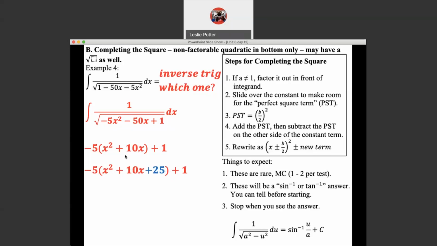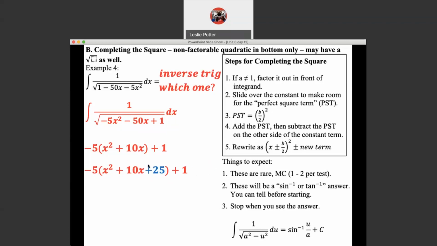Okay, so what did I do here? Well, in this term, all on the left here, I really added a -125. I started with this and I put a 25 in the brackets, and when I distribute the -5, I really added a -125 to that expression. So I've got to come out here and make an adjustment.